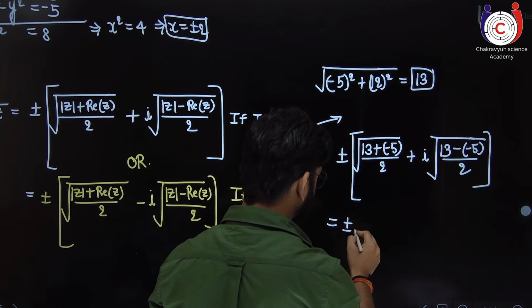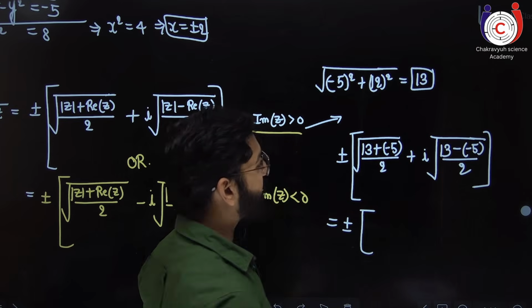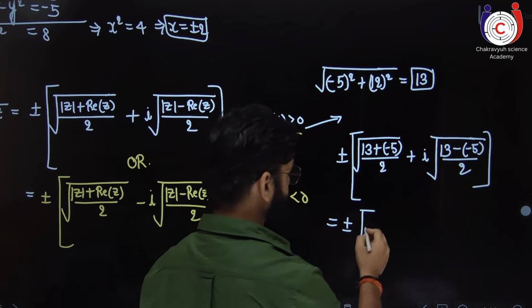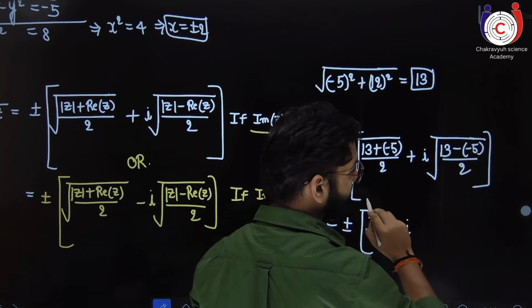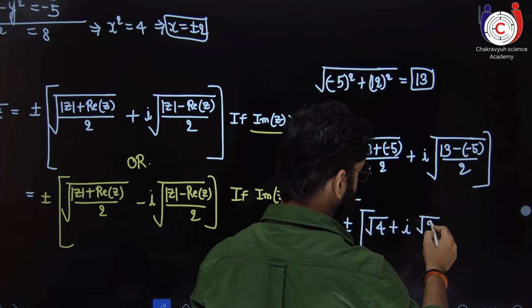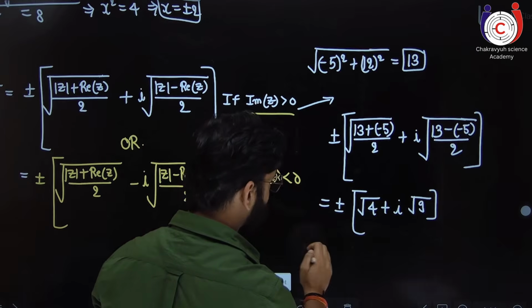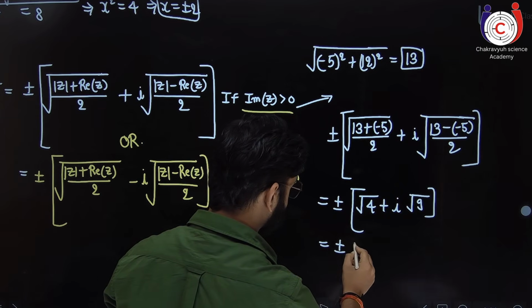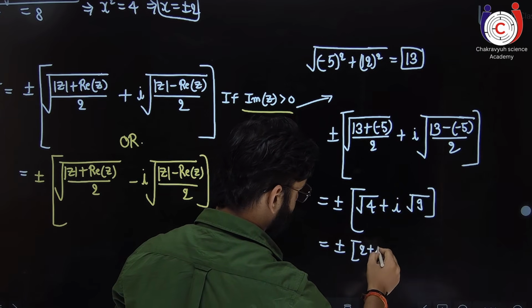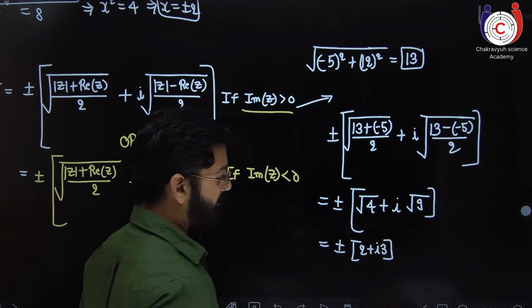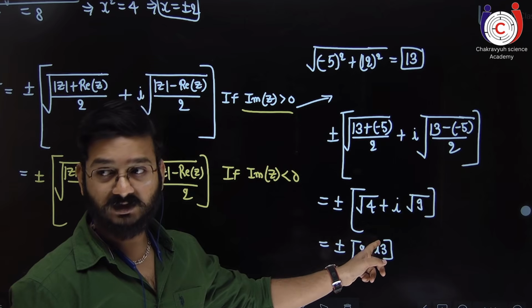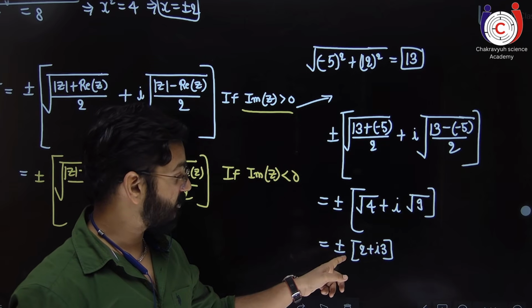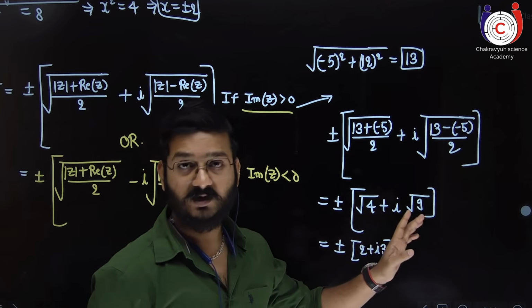So plus minus: 13 minus 5 is 8, 8 by 2 is 4, so square root of 4, plus iota times 13 plus 5 is 18, 18 by 2 is 9, square root of 9. So if you see, we got the answer within 2 steps: plus minus 2 plus iota 3. The plus minus is there, so one will be with the plus sign, 2 plus iota 3, and one will be with the minus sign, so it will be minus 2 minus iota 3.